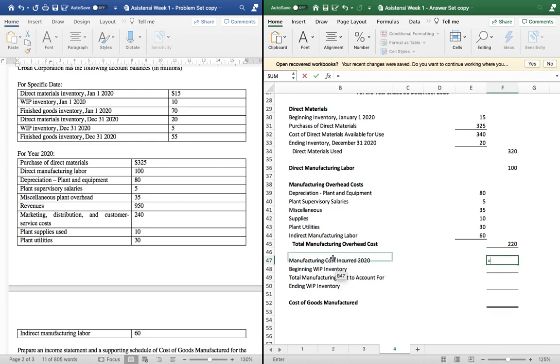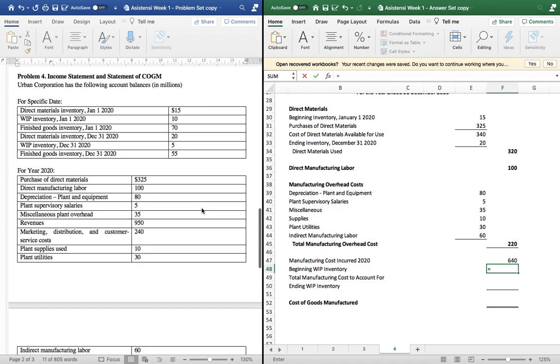So we got the manufacturing costs incurred in 2020 by adding the direct materials cost plus direct manufacturing labor costs plus total manufacturing overhead costs. So always remember that manufacturing costs have three components: the direct materials, the direct manufacturing labor, and the overhead costs. So we got 640, but the bottom line that we're looking for is the cost of goods manufactured. So we still have several steps to go, in which we input the beginning work in process inventory.